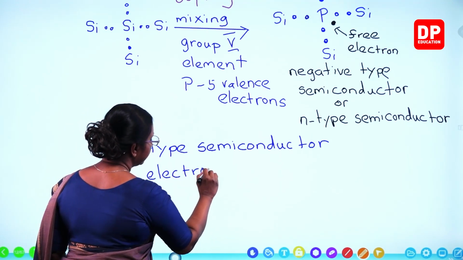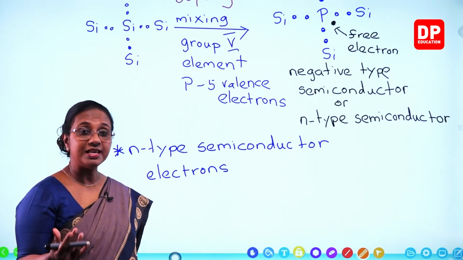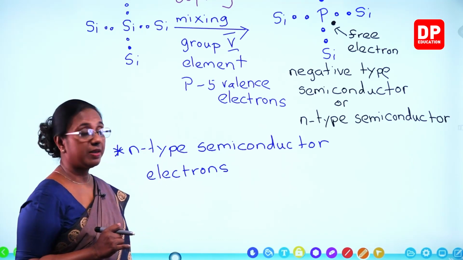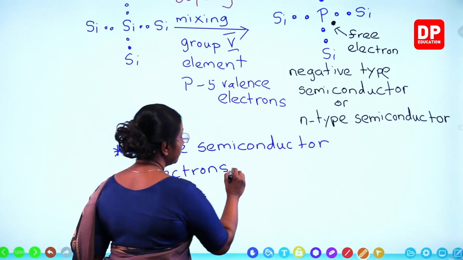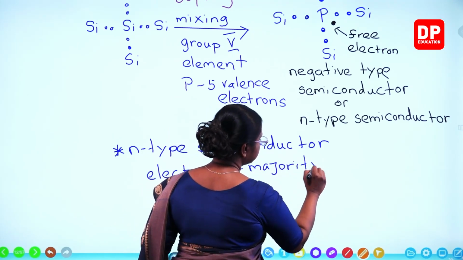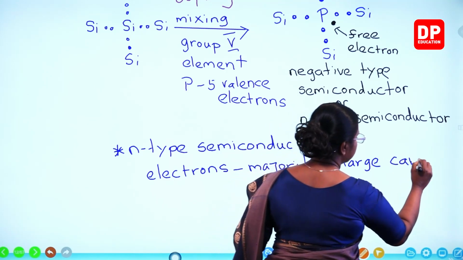That is why they are negative type semiconductors. More electrons and less holes. Because of that, in an N-type semiconductor, electrons are known as the majority charge carriers.